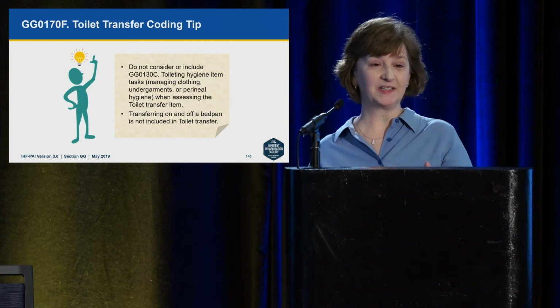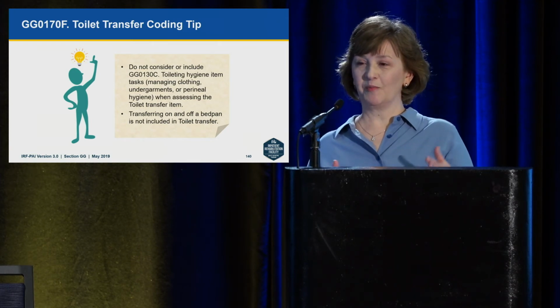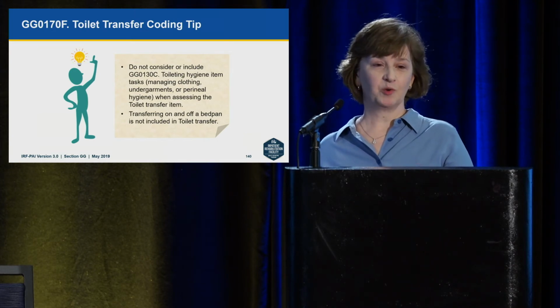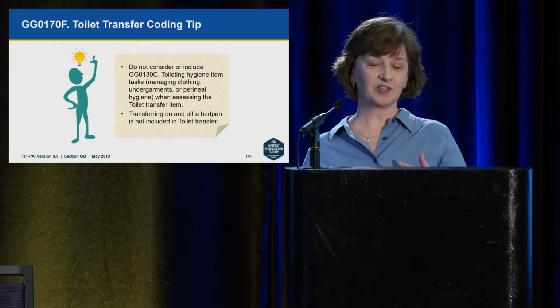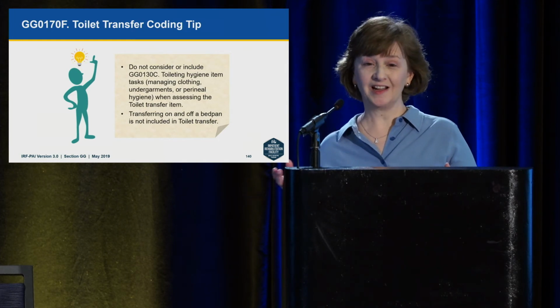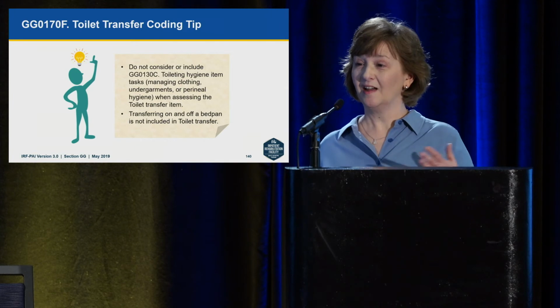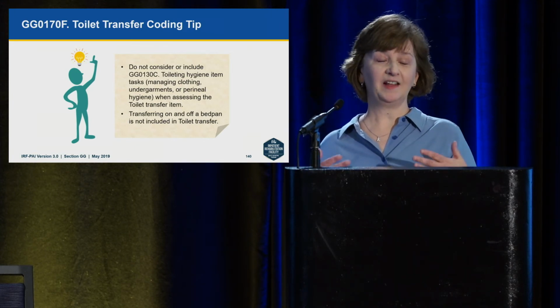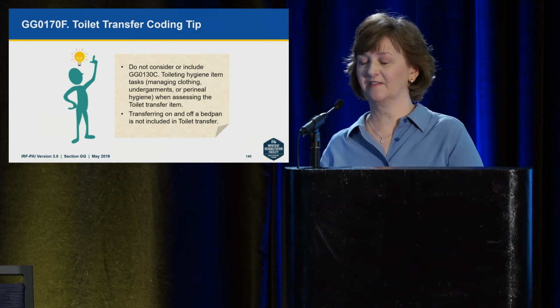Those certainly will happen together, but in your mind, think about those as separate activities. It is certainly possible that you're providing, let's say, steadying or touching assistance as the patient is performing toileting hygiene activities, pulling pants up and down, as well as getting on and off the toilet, and both would be coded level 4 in that instance if that's the only level of assistance required.